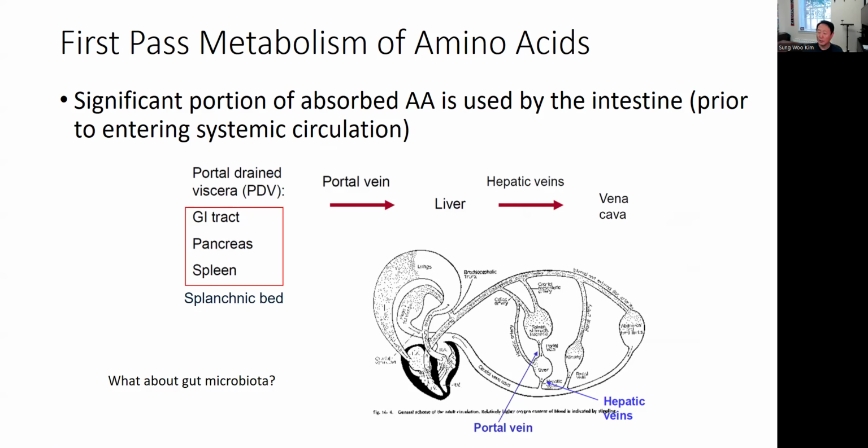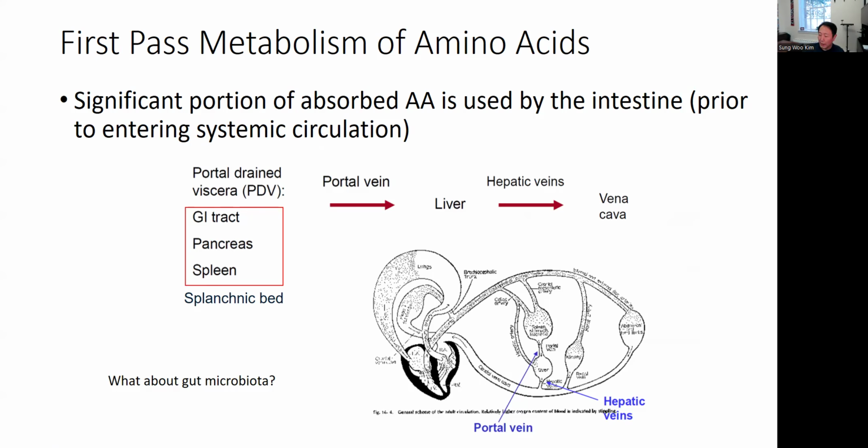And we think we know the ideal amino acid ratio that we want in the diet so that animals can use those to build protein most efficiently. We call it ideal protein. It's based on feeding studies or empirical studies.